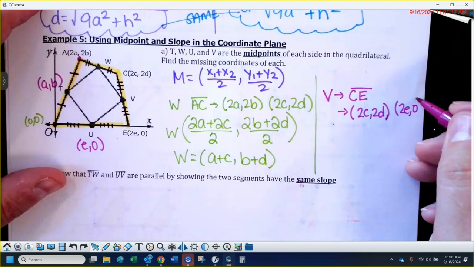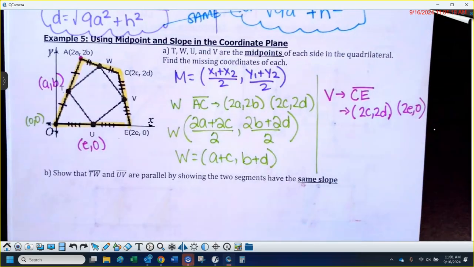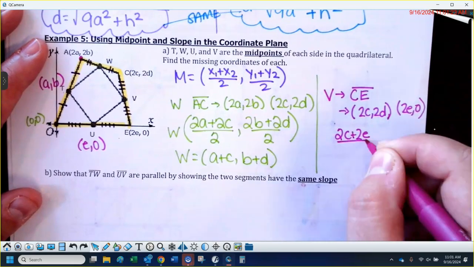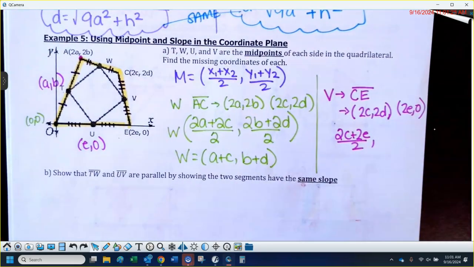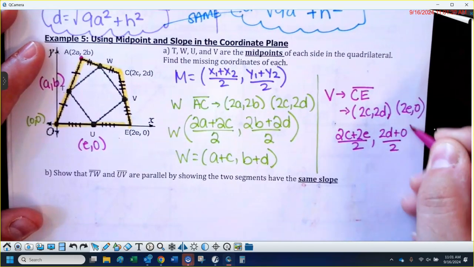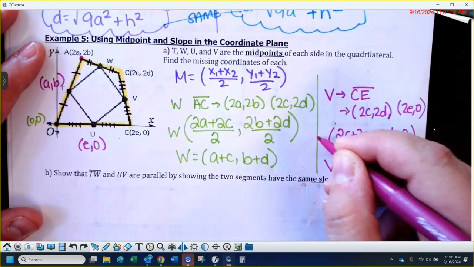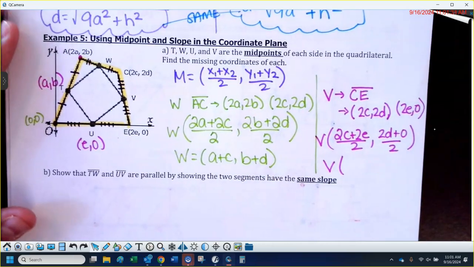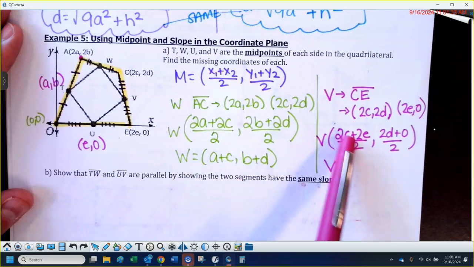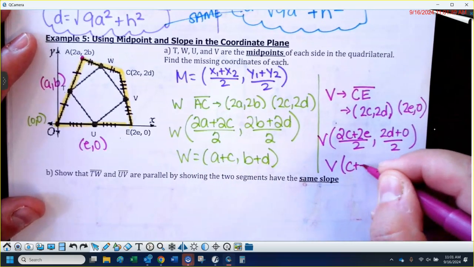Sorry, I'm really close to the edge of the page here. All right, so I'm just going to grab the two x coordinates. We got 2C plus 2E, cut that in half. I'm going to grab the two y coordinates, 2D plus 0, cut that in half. Midpoint is an average. That x coordinate there, that's super similar to this one right here. The 2's are just going to cancel. So we got C plus E.